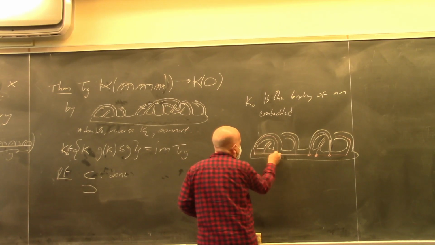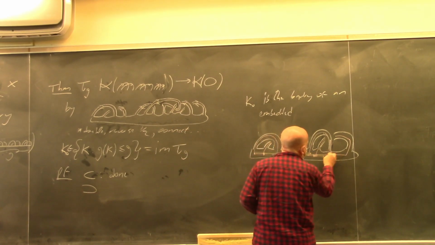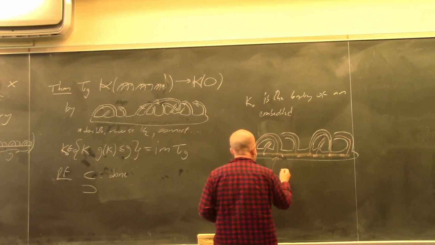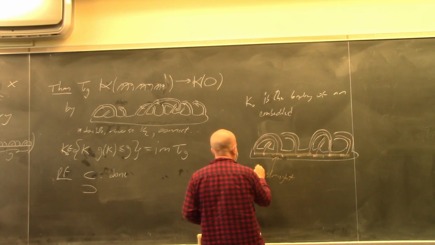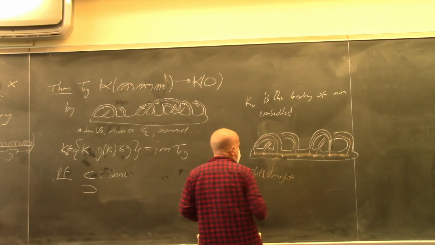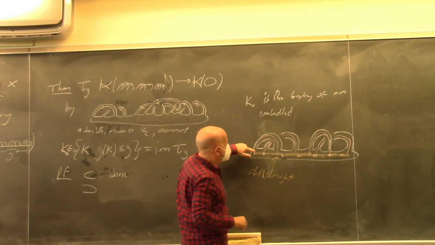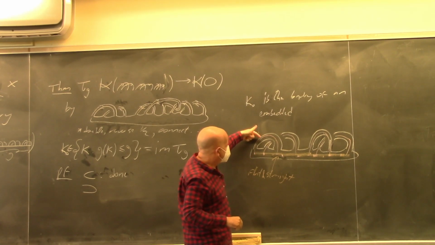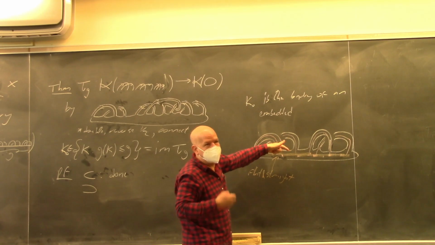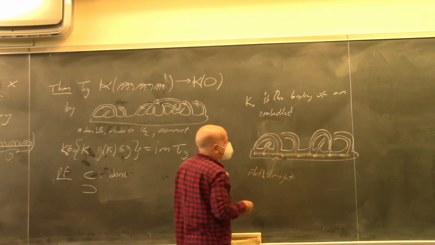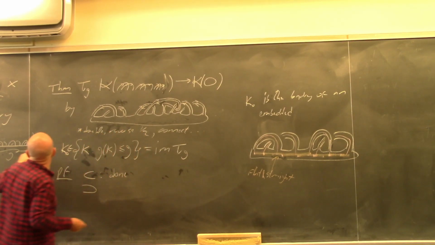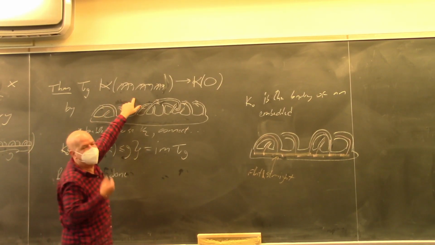So I could assume that this is actually genuinely straight, or flat and straight. And then the complement, namely the remaining red stuff, is a tangle. And it's a tangle whose skeleton is precisely the skeleton I wanted.